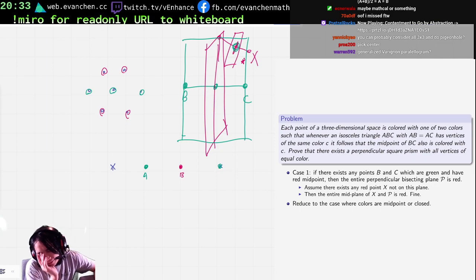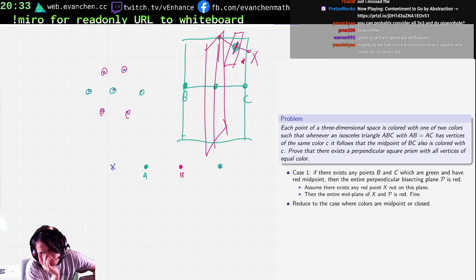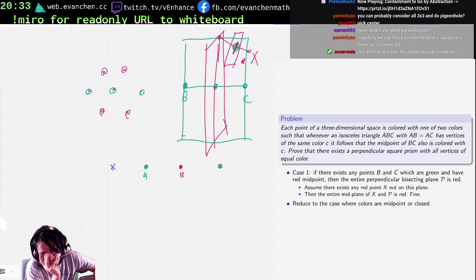Can I do some Van der Waerden garbage on this where, yeah. Yeah, perpendicular condition is not great.